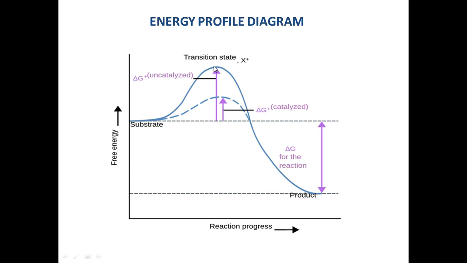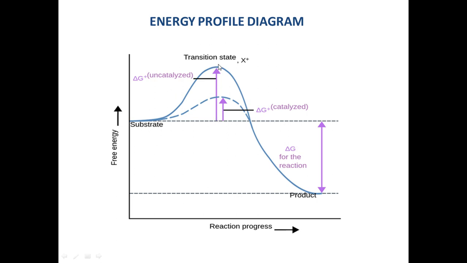So the activated complex are easily converted to the product because they are energized. They contain some amount of energy which can easily be used to break the bonds to convert them to the product.